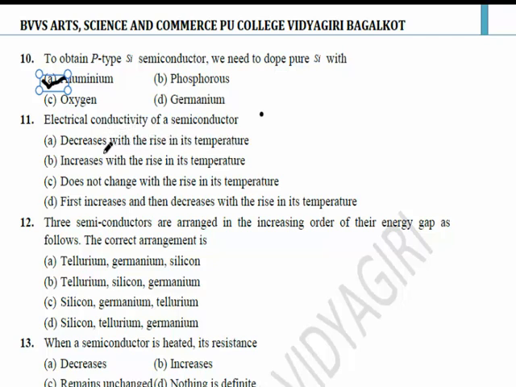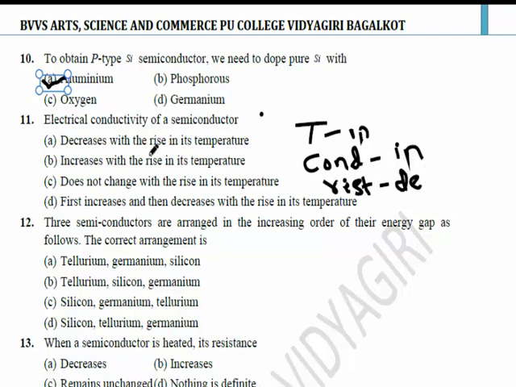Okay, next question. What happens to the electrical conductivity of a semiconductor with temperature? We know that as the temperature of a semiconductor increases, resistance will decrease, but conductivity will increase. So the electrical conductivity of a semiconductor increases with increase of temperature.